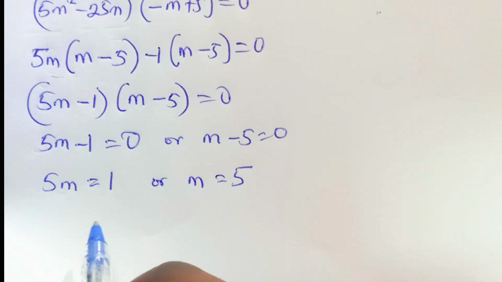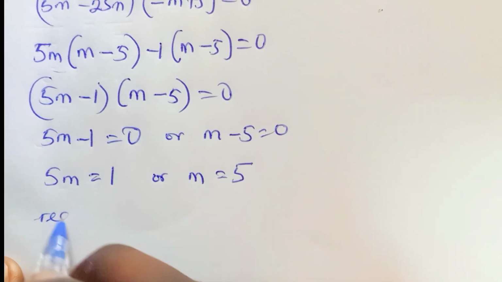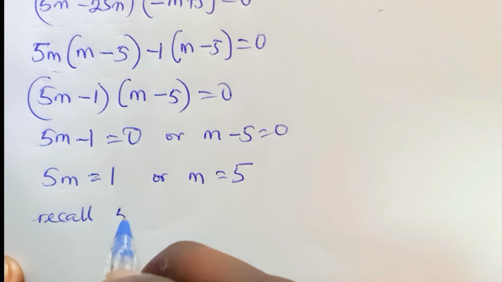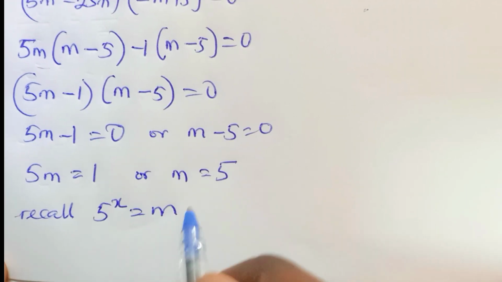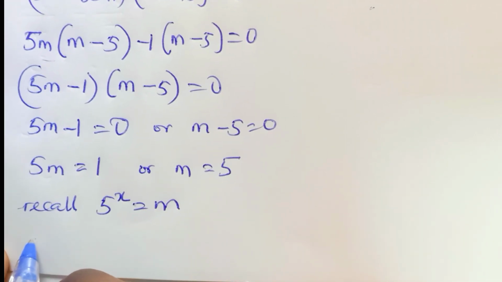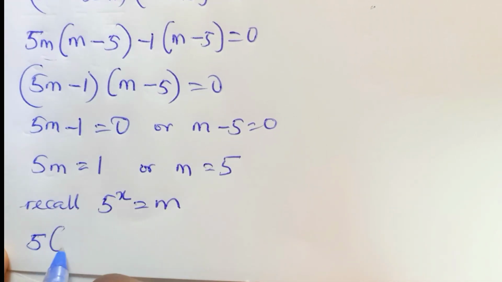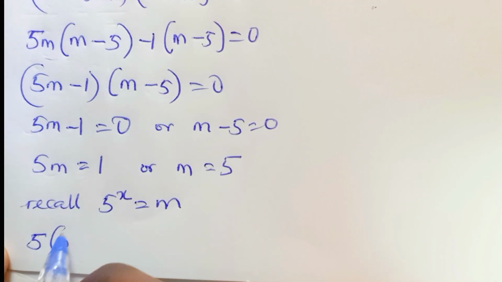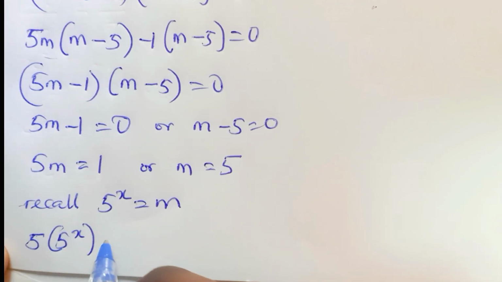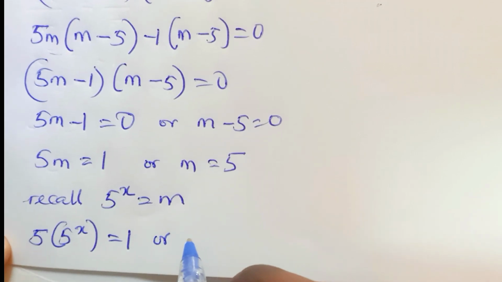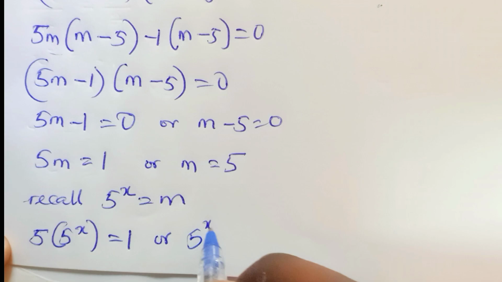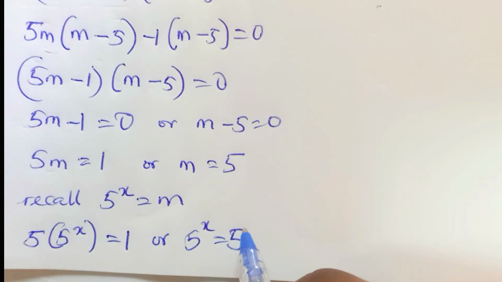And let's recall that 5^x is equal to m. So we now say 5 times 5^x is equal to 1, or 5^x is equal to 5.